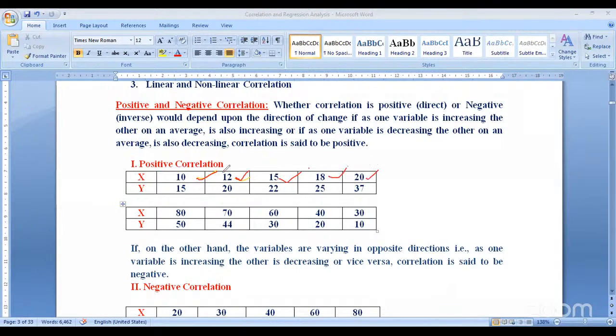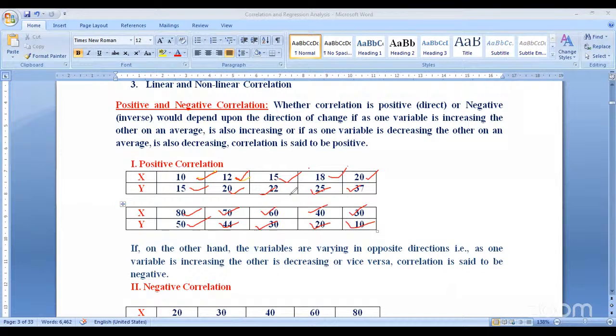On the other side, Y is also increasing: 15, 20, 22, 25, 37. On an average, it is also increasing. Then over here, say X values 80, 70, 60, then 40, then 30. It is decreasing. Y is also decreasing here: 50, 44, 30, 20, 10.